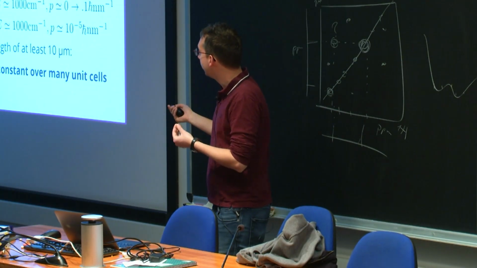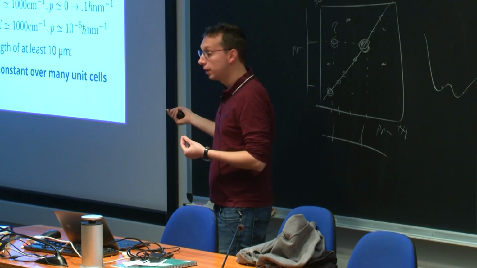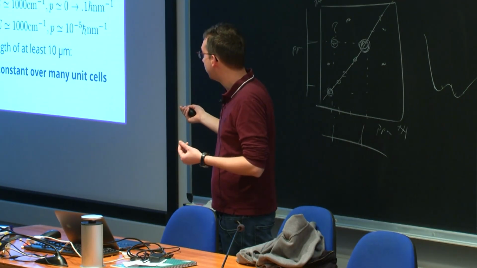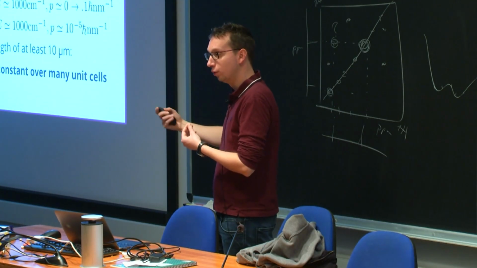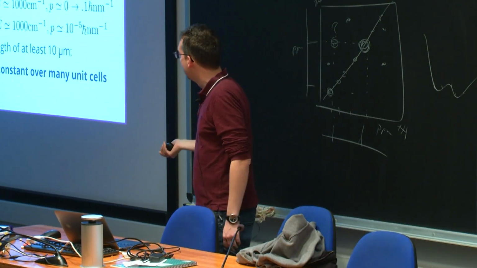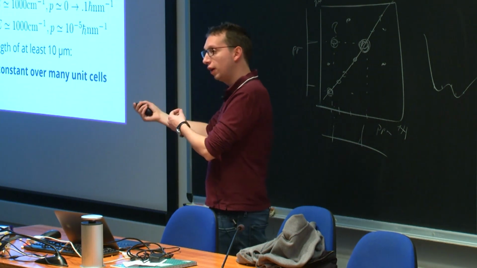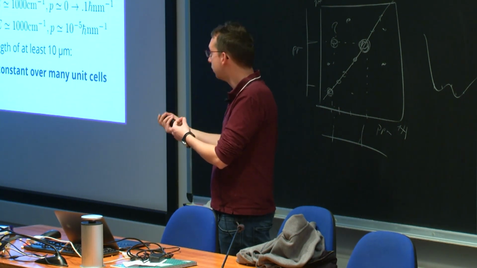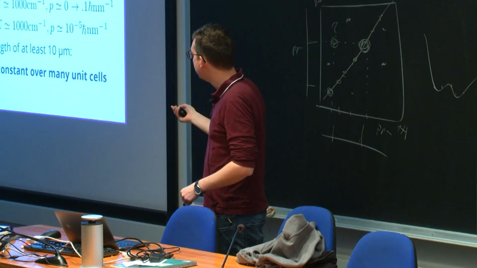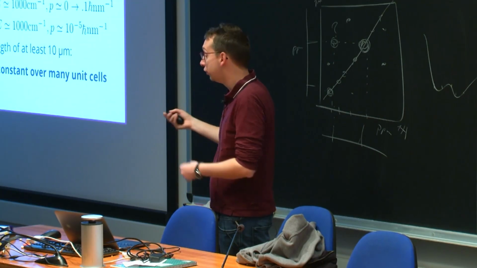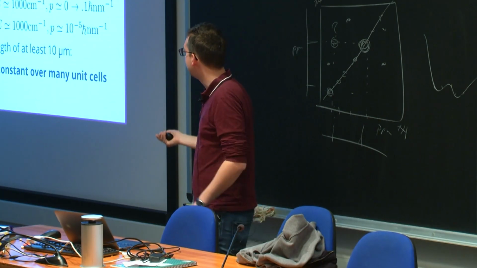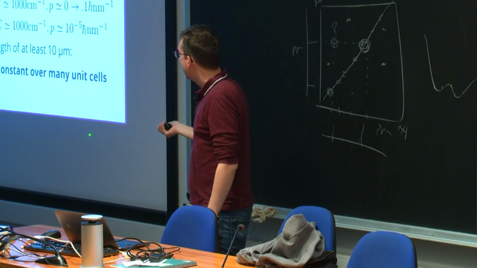And if you add an extra G here, you're only making things worse because you're increasing the momentum. You cannot reduce it, you cannot make it any smaller. This is just the inverse of the size of the unit cell. Let's say it is a minimum. The minimum wavelength of the phonon is the inverse size of the unit cell, and so this momentum is related to that.